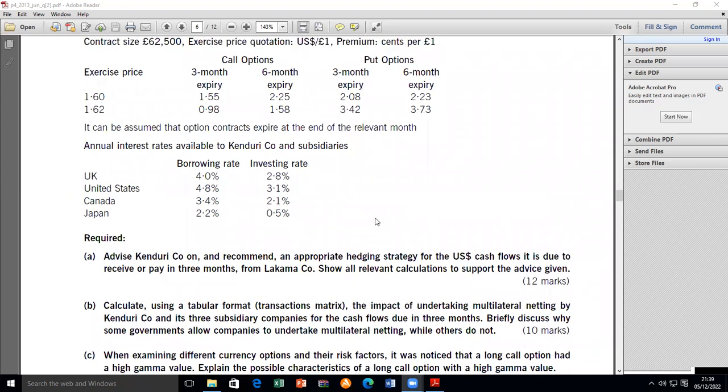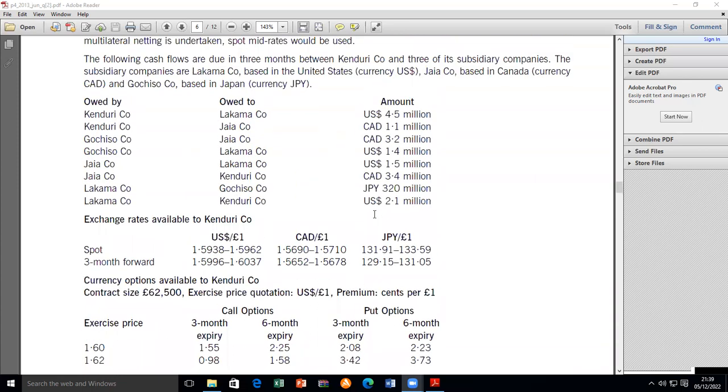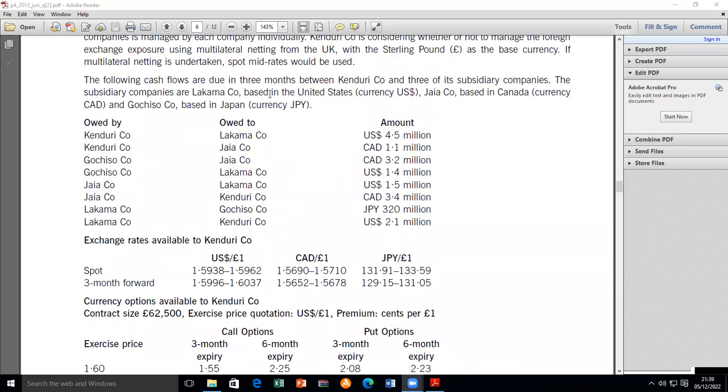Multilateral netting. So as you can see, we've got a group of companies here receiving money from each other, making payments to each other. We are saying that you can do some net-offs here so as to reduce the crisscrossing of transactions.